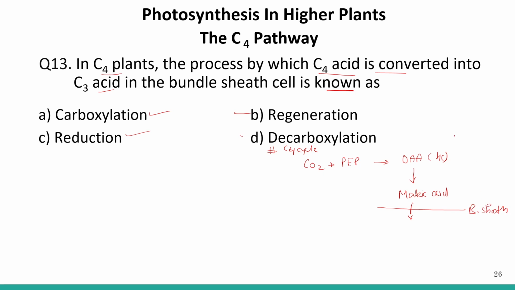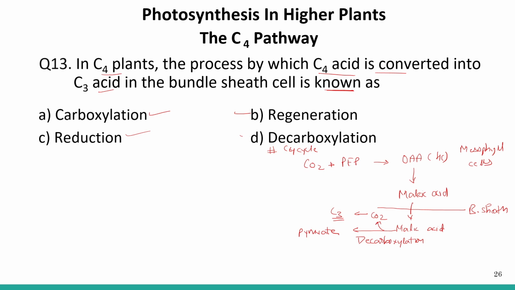Okay, here bundle sheath cells, here we have the mesophyll cells. Malic acid enters here. This malic acid is then decarboxylated, meaning there is a removal of carbon in the form of carbon dioxide. Here carbon dioxide is released, which is used where? In the C3 cycle. And what is formed? Pyruvate is formed here.